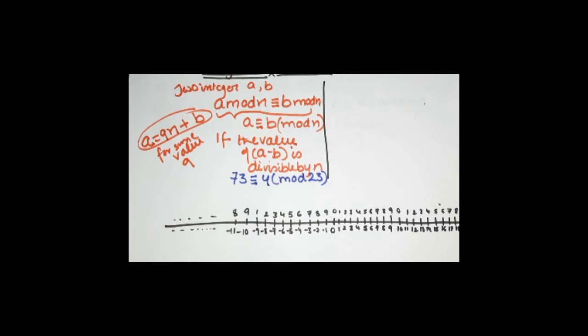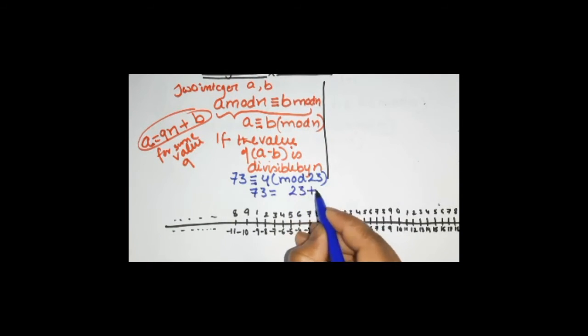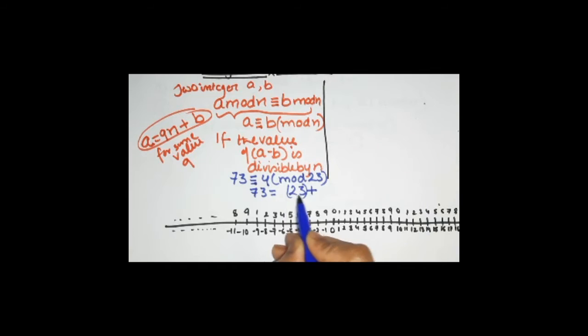First thing, 73 is equal to some number multiplied by 23, plus something. When you multiply 23 with 3, you get 69. To 69, what will you add to get 73? The answer is 4.